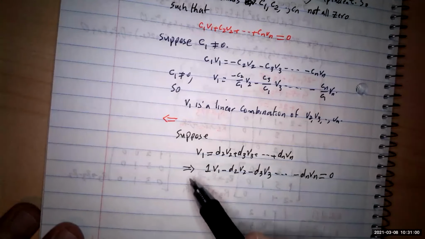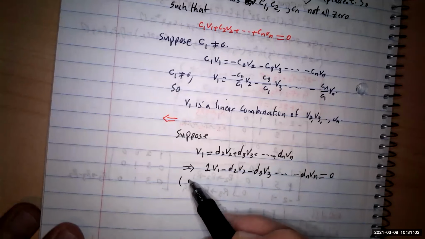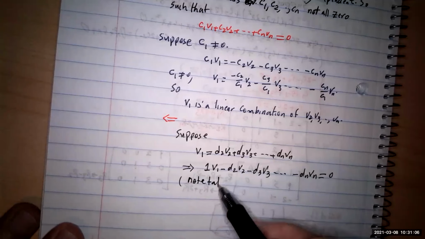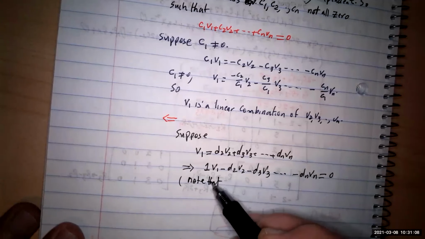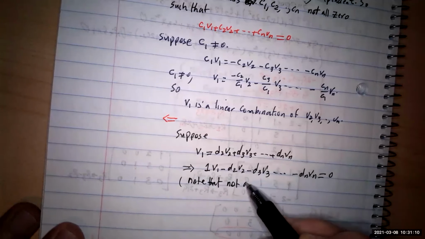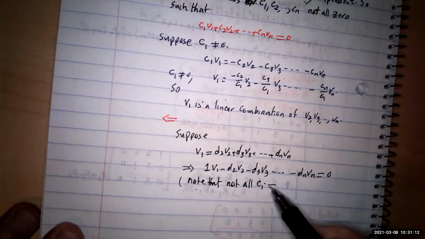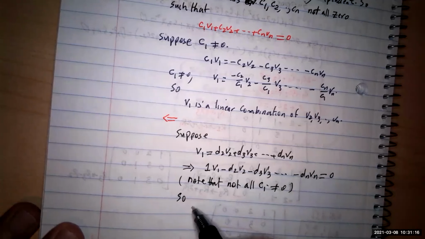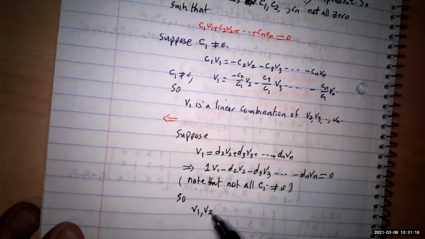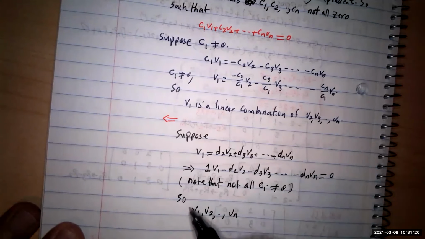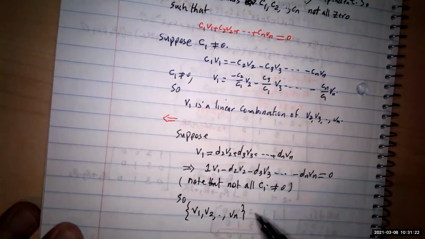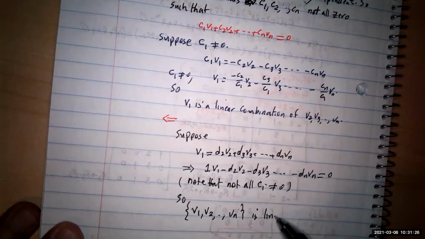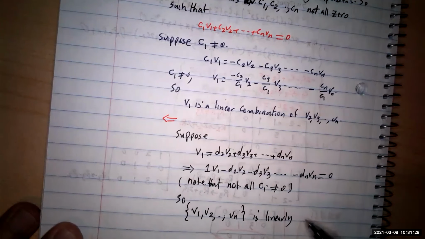Note that not all the coefficients are equal to 0. So that's it. These vectors V1, V2, up to Vn are linearly dependent.